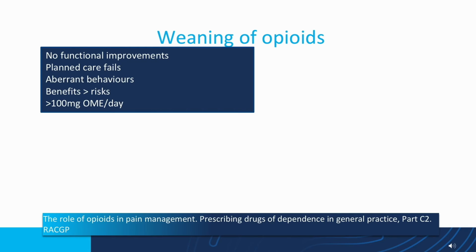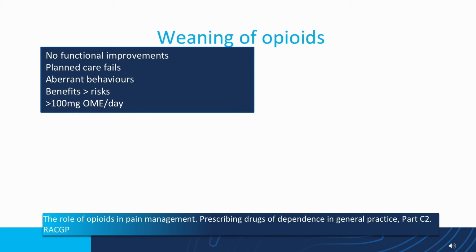Big discussion, weaning of opioids. So when are you going to have your out? When are you going to come to your exit strategy? Well, I propose this. There are no functional improvements. There's no pain reduction. Your planned care package fails. There are aberrant behaviours, which I'll come to in a second, and the benefits don't outweigh the risks.